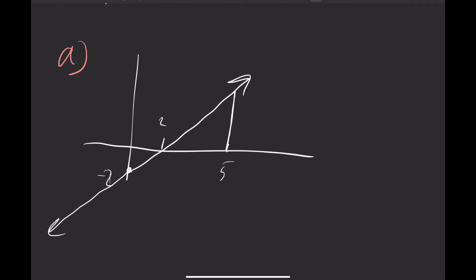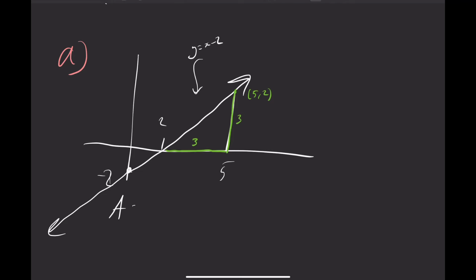So you'll notice straight away, hopefully, so this is our graph y equals x minus 2. And this point here has the coordinates 5, 3. So we have a triangle with base 3 and height 3.